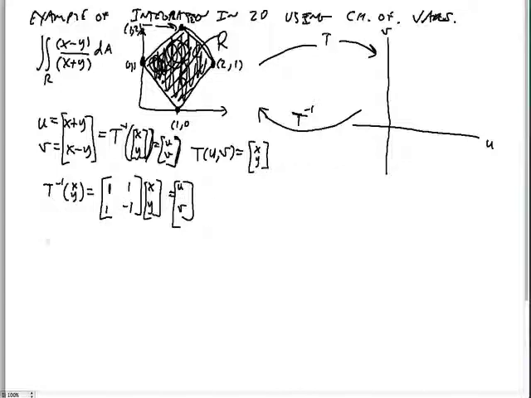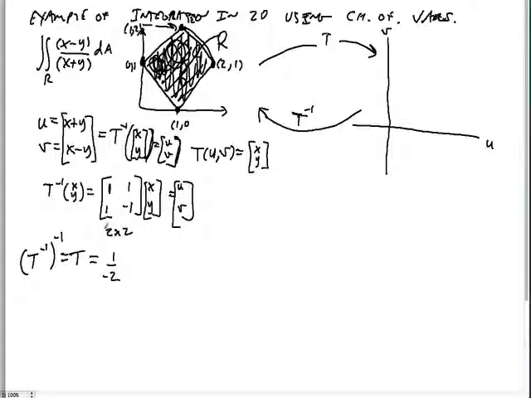Well, it's pretty straightforward. We know that this is a 2 by 2 matrix, so this is T inverse, and the inverse of an inverse is, of course, the function itself. So what we do is we take the determinant, so it's going to be 1 over negative 2.